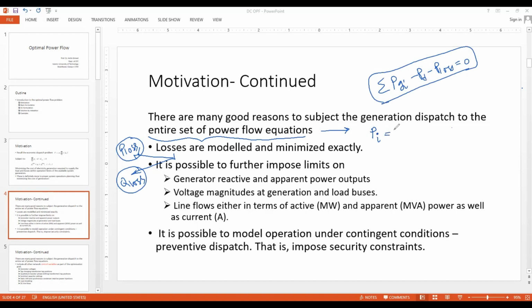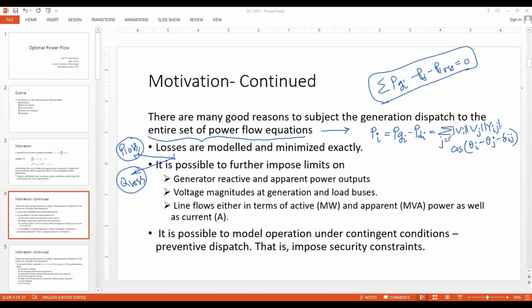So P injected in general at any bus can be represented by P generated at that bus minus P demand at that bus, and that is expressed in terms of the bus voltage magnitude of the interconnected buses, VI and VJ, and then the admittance matrix entries, absolute of that is Yij, multiplied by the cosine of theta I, the phase angle associated with the bus voltage I, minus theta j, which is the phase angle associated with the jth bus, minus delta ij, which is the phasor angle of the admittance under consideration, that is Yij.